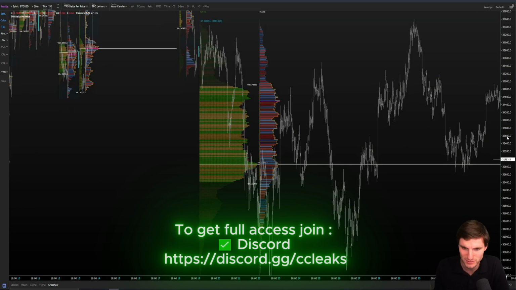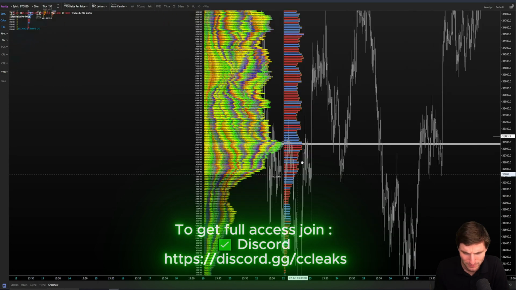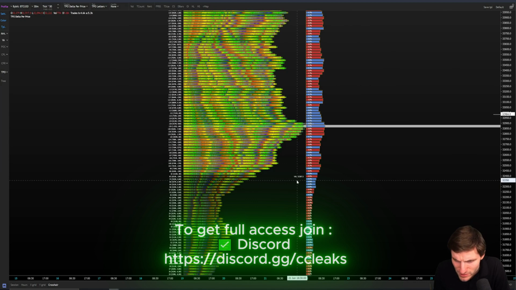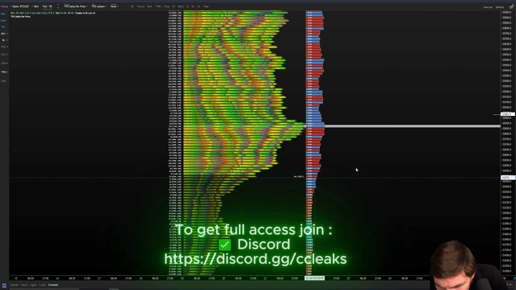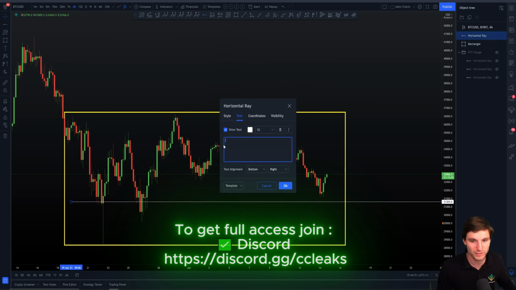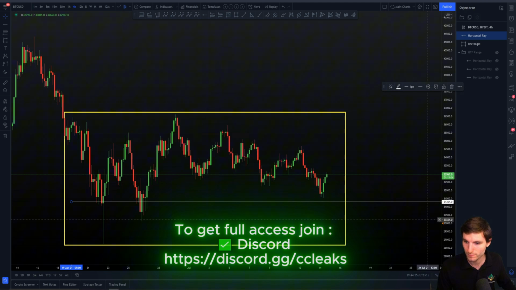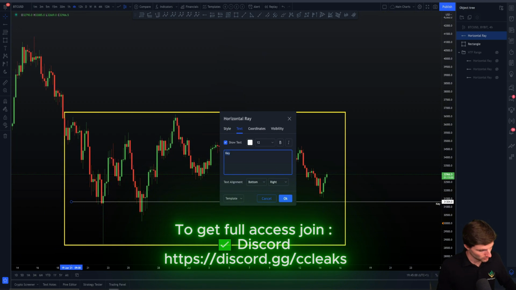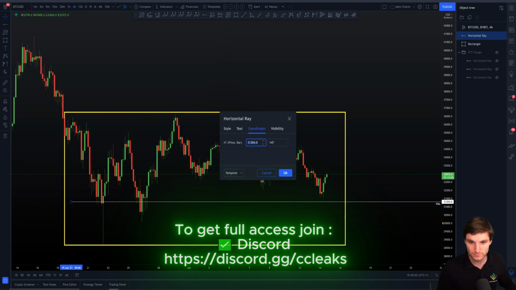I'm just going to have to zoom in because it's really hard to see. Oh man, I can hardly read this. 32,387. It's difficult to read. So value area low of the local range, $32,387.